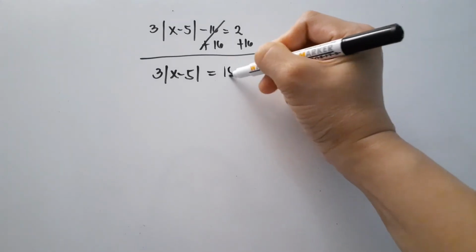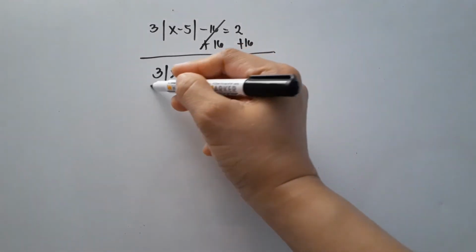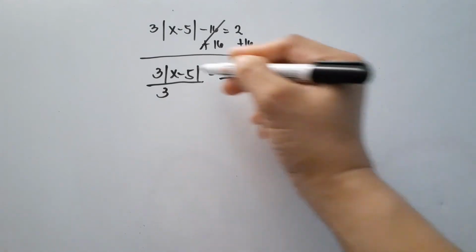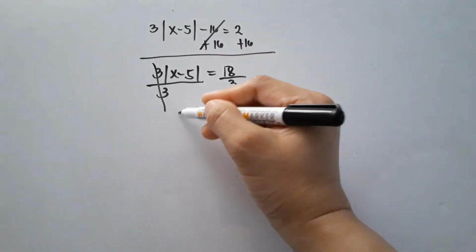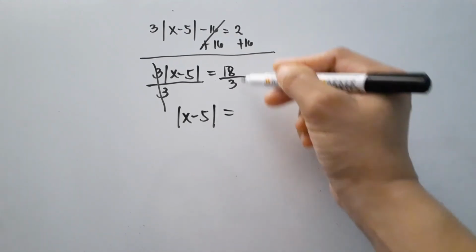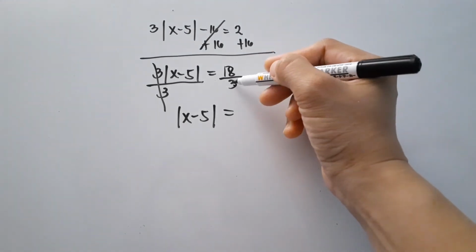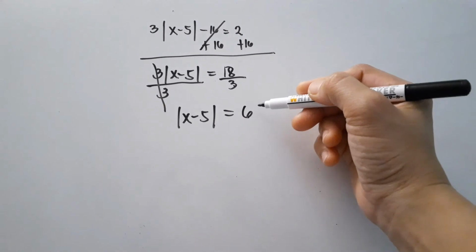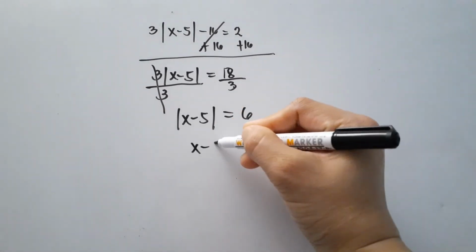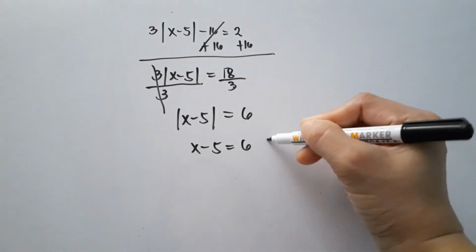Then it's 18, and then we divide each side by 3. Cancel this out. The remaining is the absolute value of x - 5 is equal to 18 divided by 3, which is 6.